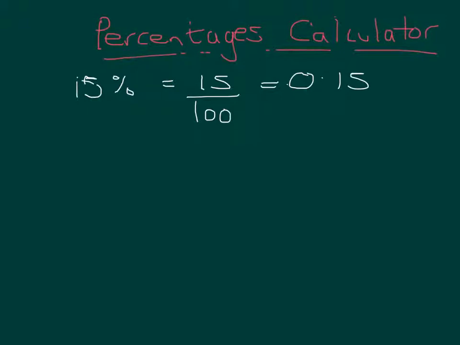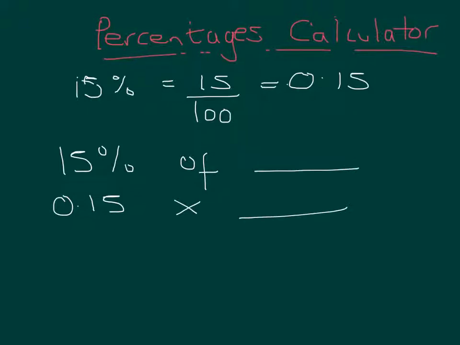So if I wanted to find 15% using a calculator, I don't need to find 10% and 5%. Finding 15% of something means I can do 0.15 multiplied by whatever it is. So if that was £400, in my calculator, I can just do 0.15 multiplied by 400, and that will tell me any percentage amount.